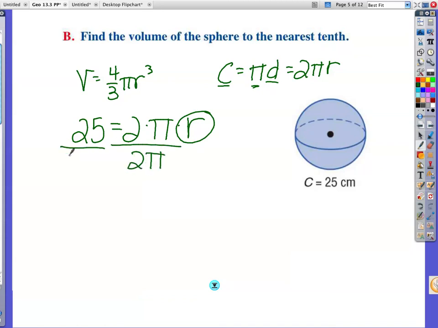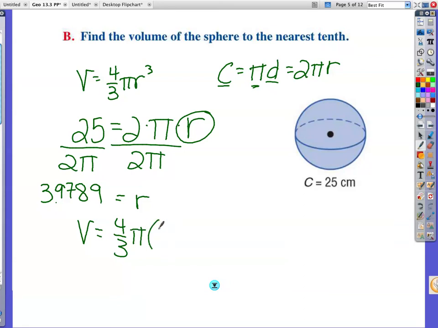We've talked about this before. Make sure you're dividing 25, then put your parentheses, divided by, parenthesis, 2 pi. Otherwise, you will be getting the wrong answer over and over again. Okay, there are other ways to get to that. You just need to make sure that your way is getting you 3.9789. So now I rewrite that in my formula. Volume equals 4/3 pi, radius 3.9789 cubed.